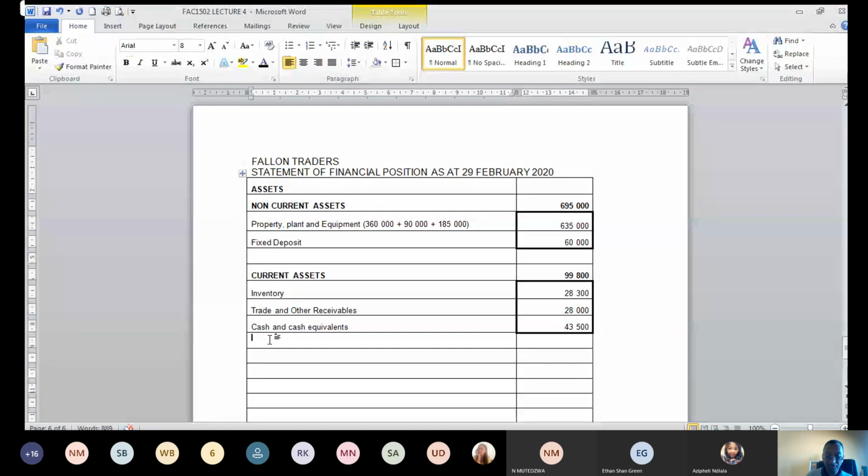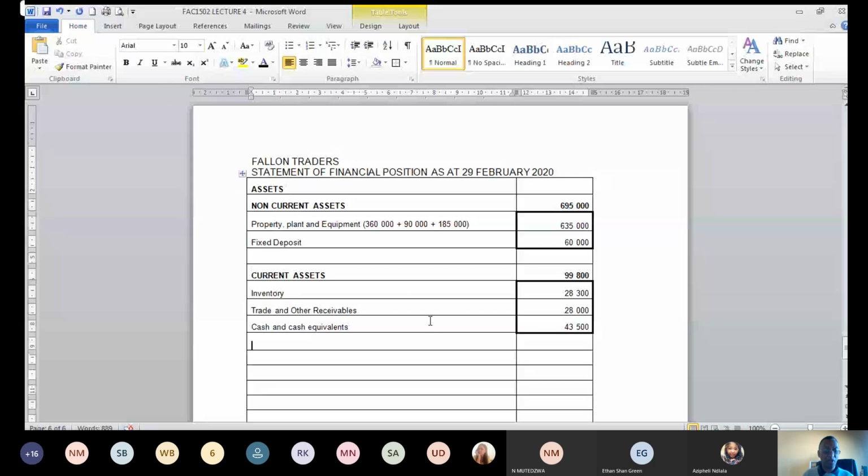Your total amount of your assets now, which is now the sum of your current assets and your non-current assets, that will be total assets.